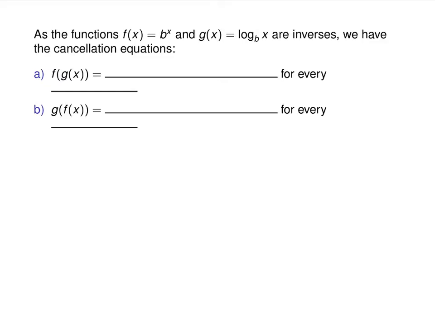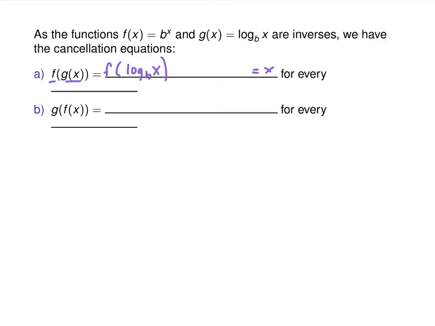Okay, so because these functions are inverses, when you put them together, what are you going to get? If I do g of x and then apply f to it, I get back what I had to begin with, which was x. So that's going to equal x. The question is what is that going to look like? What's g of x equal to in this particular case? Log base b.